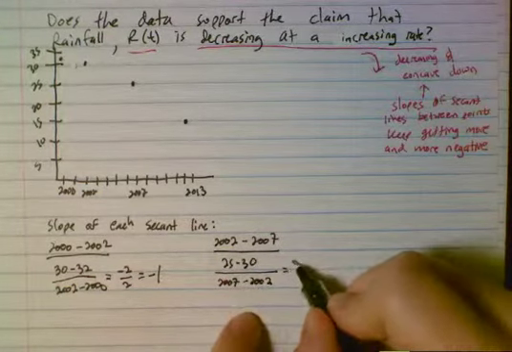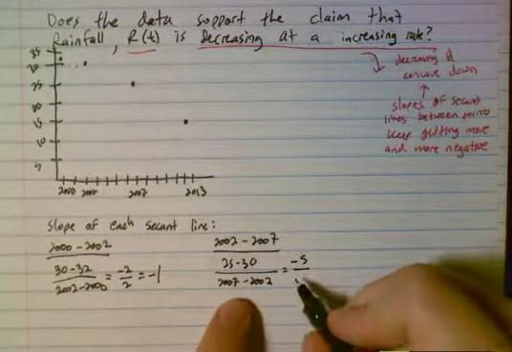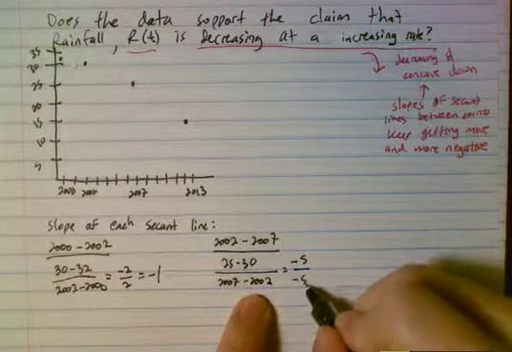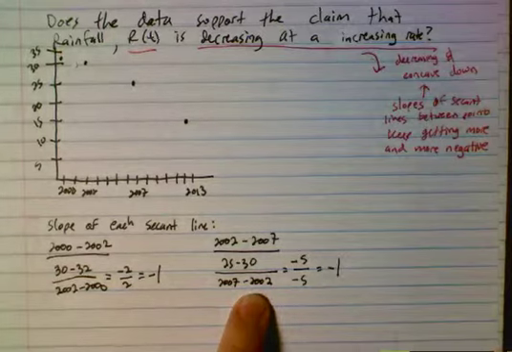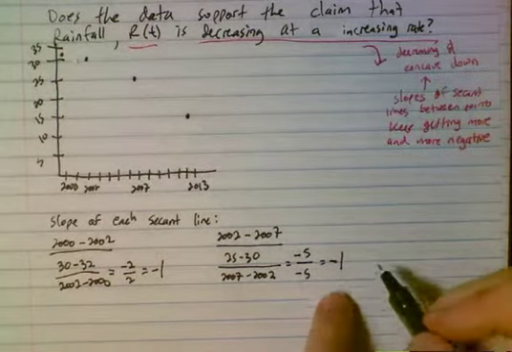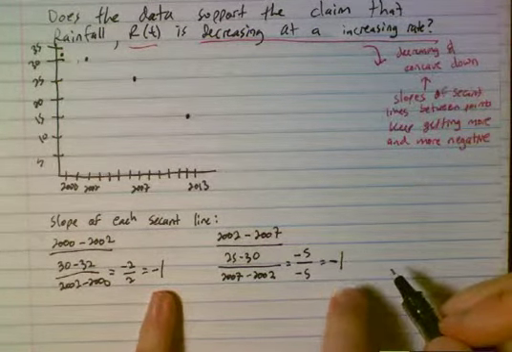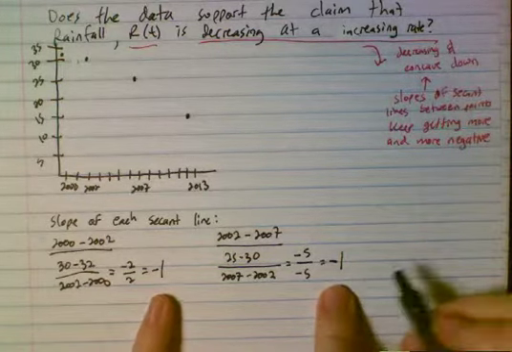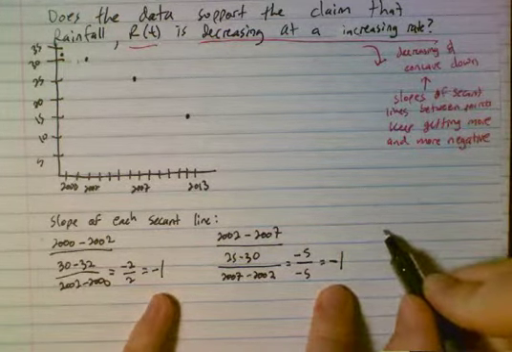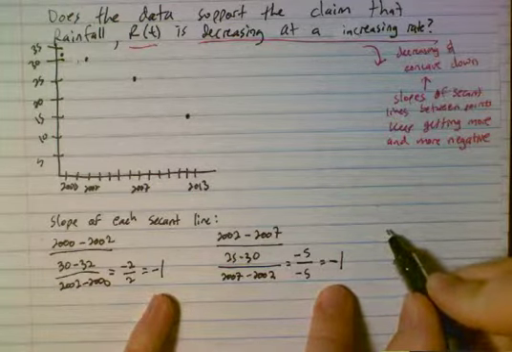So that's negative 5 over 5, actually negative 1. So really we can just stop right there because this hasn't changed. So the slope of the secant lines don't keep getting more negative. But let's check the others. I think there's only one more.